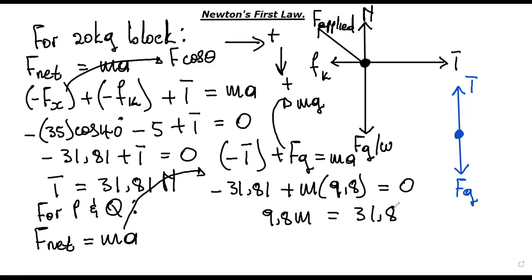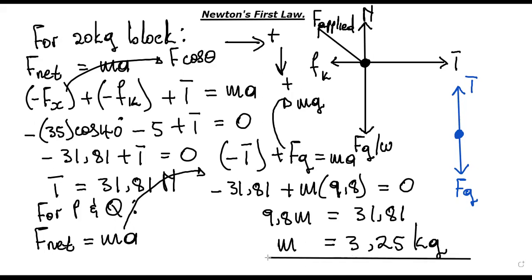This is equal to this much. Then from this point, you divide both sides by 9.8. So let's see how much you get. Then you find that the mass m will just be 3.25 kilograms. This will be the combined mass of blocks P and Q.